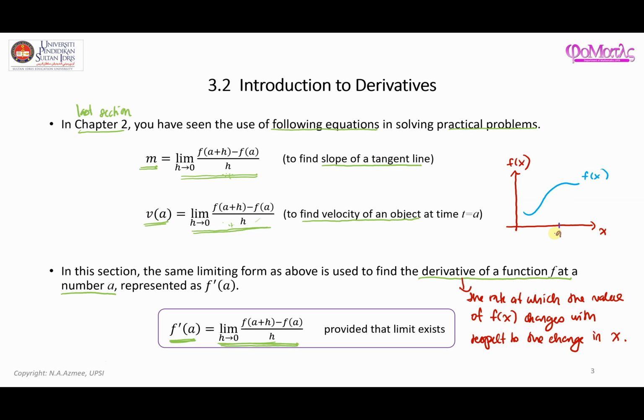So x is equal to a, and if you obtain f prime a, basically you compute and you get a value of f prime a. So this is the value of f prime a, which represents the slope at point A. So f prime a here represents the slope at point A, and this is basically the same thing as the slope of a tangent line at point A.